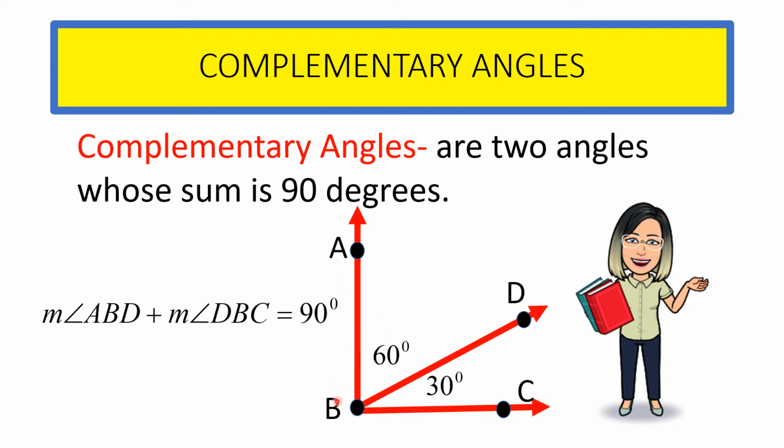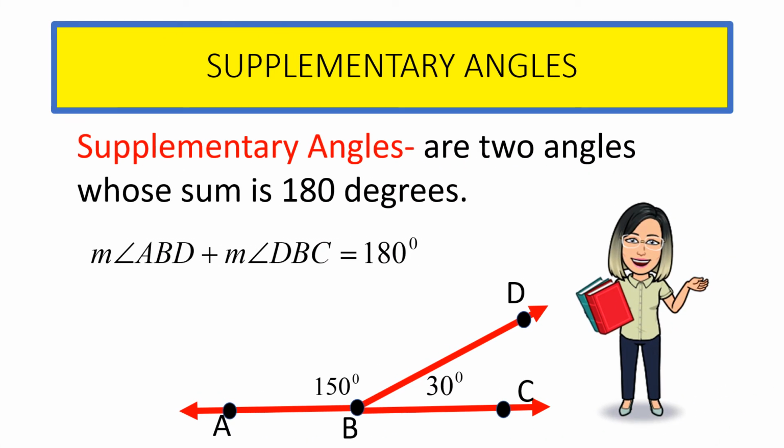If we find the sum of the measures of angle ABD and angle DBC, the result is 90. Therefore, class, angle ABD and angle DBC are complementary angles because the sum of the two angles is 90 degrees.